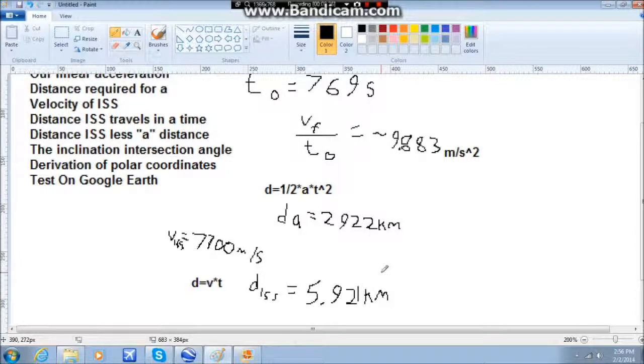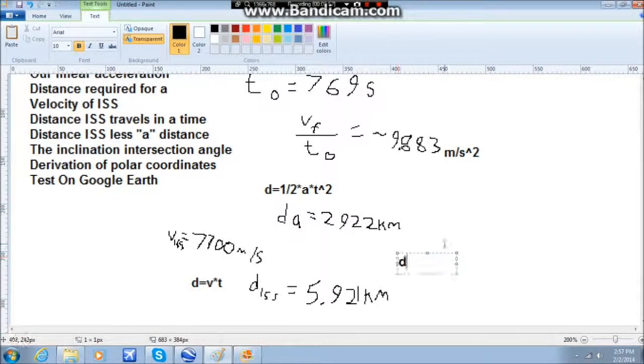So now we have to figure out how close the ISS is going to be behind us before we take off. And in this case, it's going to be the difference of those two. So we'll say D actual is equal to DISS minus DA.